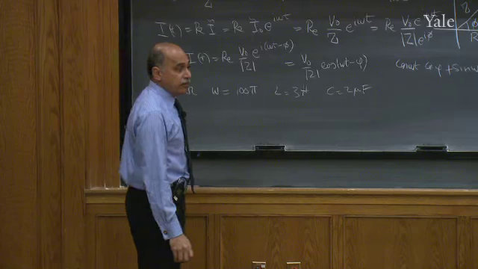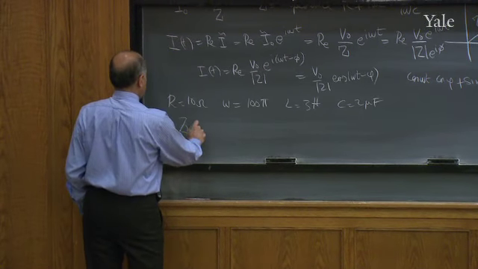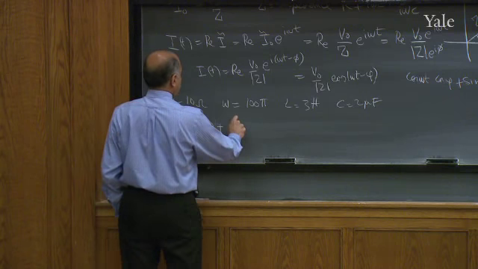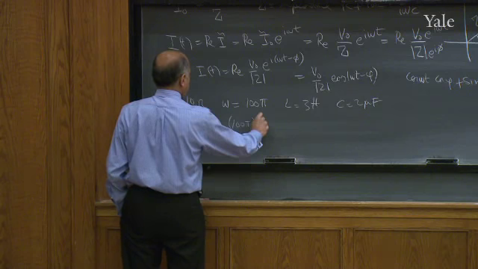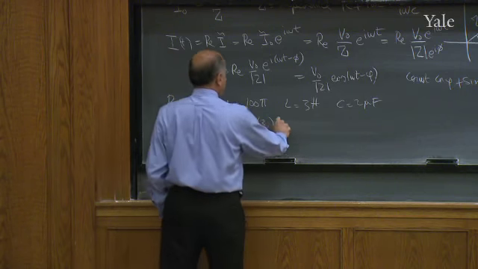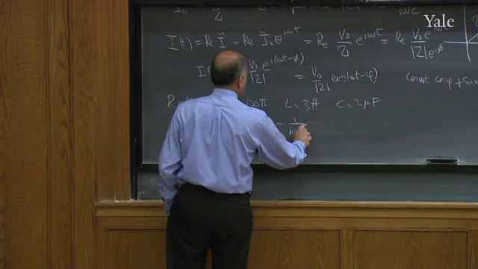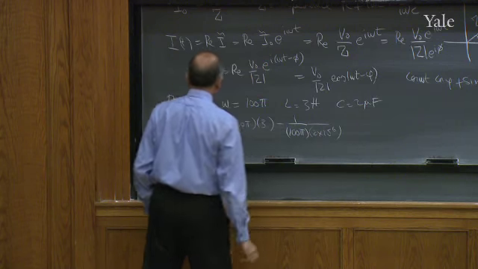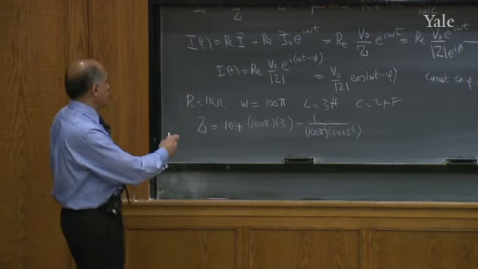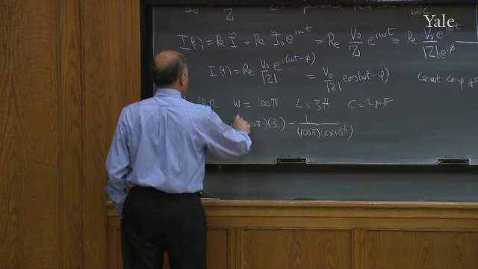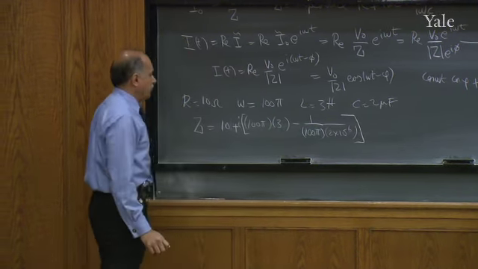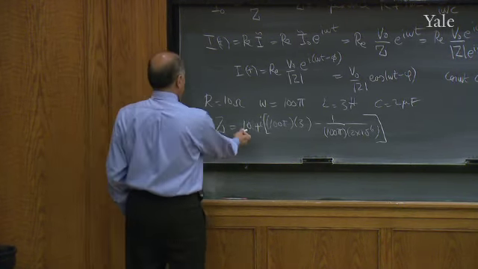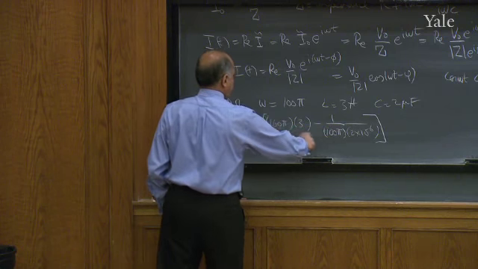You can find Z. Z for this circuit will be 10, plus I omega L, which will be 100 pi times 3 henries, minus I over omega C, which is 100 pi times 2 times 10 to the minus 6. That is a complex number. I don't want to calculate it. It's whatever it is. And then it's got a real part, which is 10, and an imaginary part, which is the algebraic sum of these two.